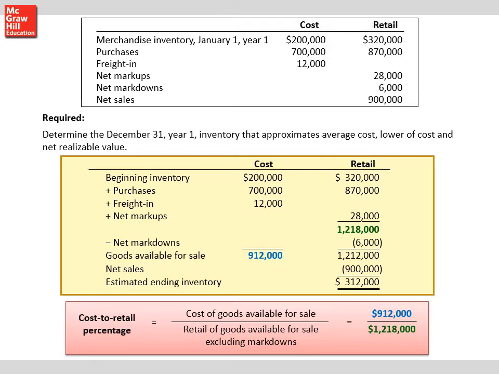So you will divide it by the 1,218,000. So 75% is the percentage you use for your cost to retail percentage. So it's saying 75% of the retail value is how much your inventory costs. So ending inventory would be 75% of 312,000. Cost of goods sold would be 75% of.